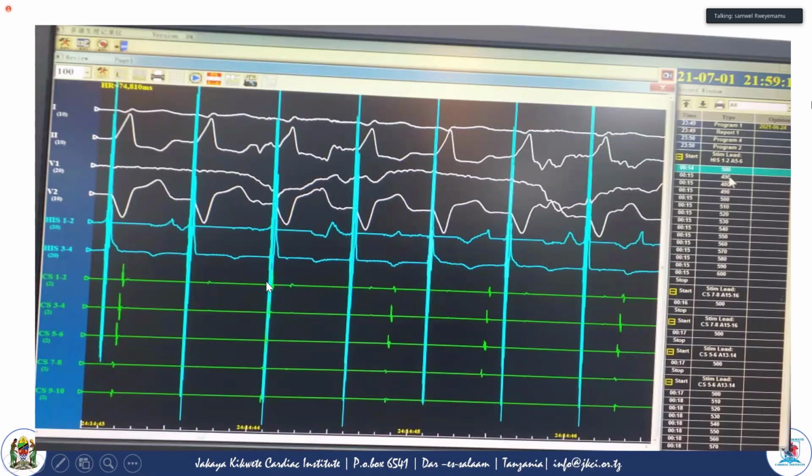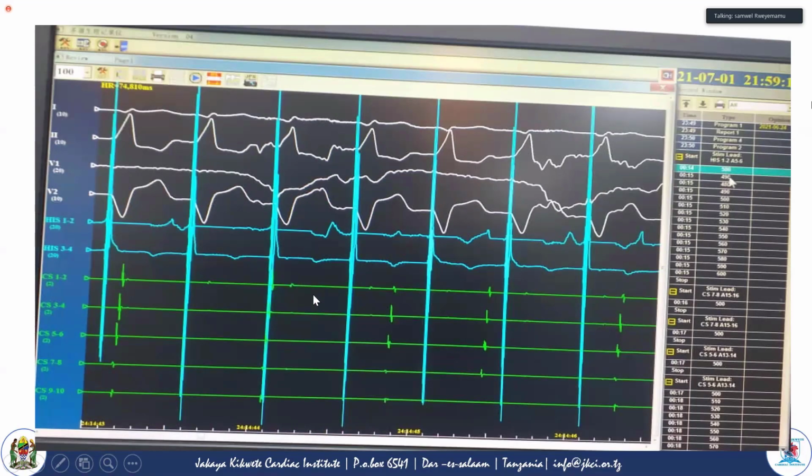You find that as we are passing here, the pacing impulse is captured, and the ventricular signal is a bit hidden within this blue signal here. This is followed by the atrial signal. When you are passing the ventricle, that impulse is going to the atrium retrograde.